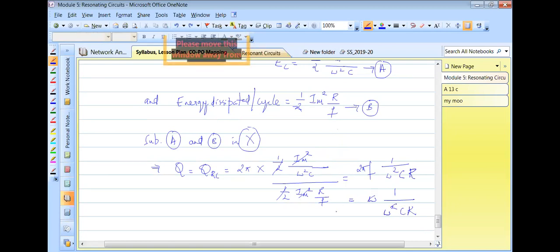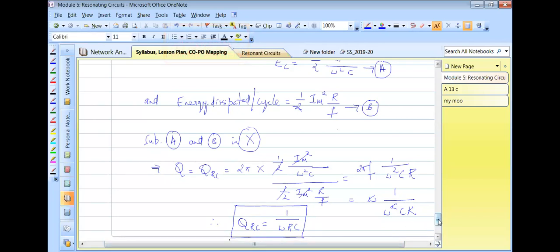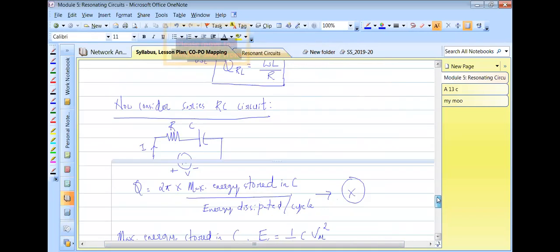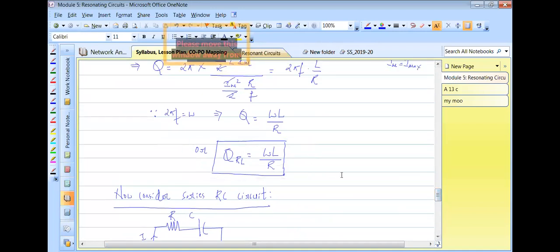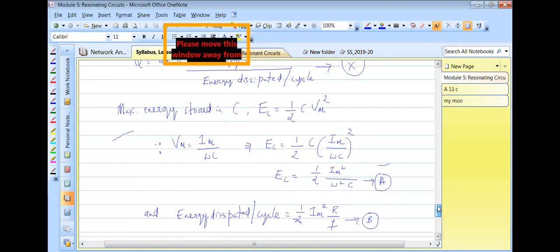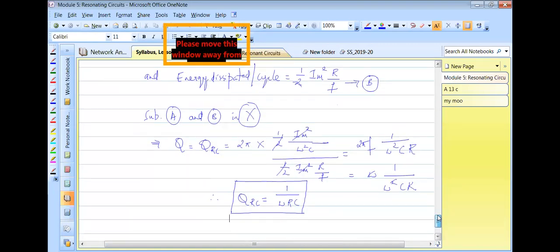So therefore, the quality factor of series RC circuit is 1 by omega RC. Today we have derived the equation for series RL circuit, which is omega L by R, and we have also derived the equation for series RC circuit, which is 1 by omega RC.